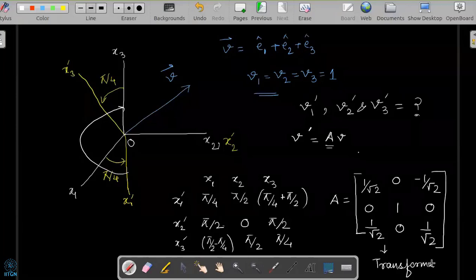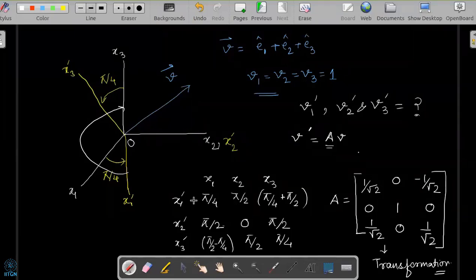Sir, can you please explain these angles again? I'm not able to visualize how x1 dash is rotated by this angle, but in which plane is it rotated? Okay, fine. See, we have the x1, x2, x3 coordinate system. Now you have kept x2.